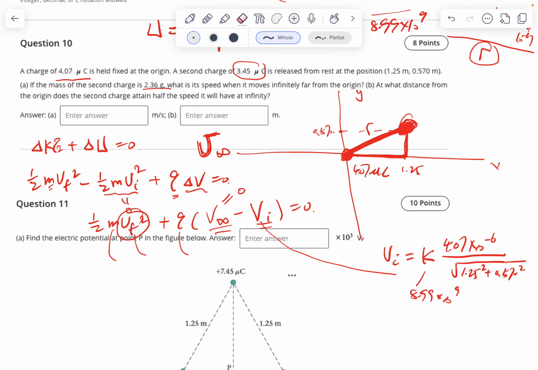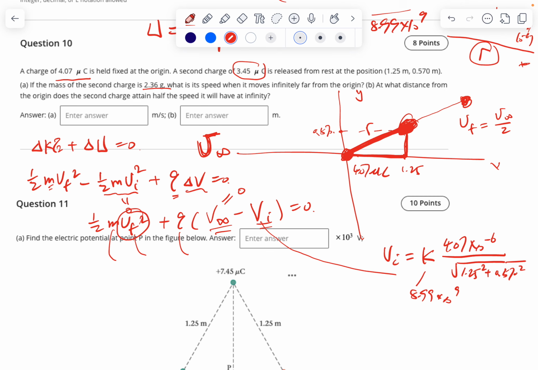Now the question here is where? So this assumes the speed at infinity, right? You start from here, go somewhere, and at that location you have a speed equal to half of the speed at infinity. Where is this location?